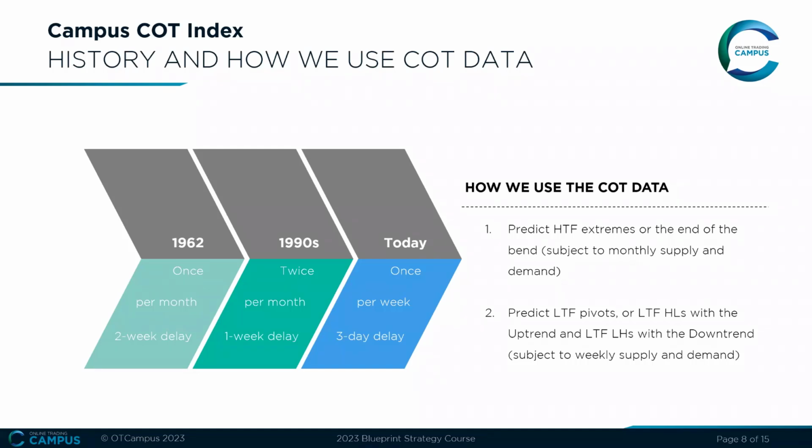Then in the 1990s, they upgraded the COT data to be reportable twice a month. And nowadays, of course, it comes with both yin and yang: the COT data is being published weekly with only a 3 to 4 day delay in data usually.